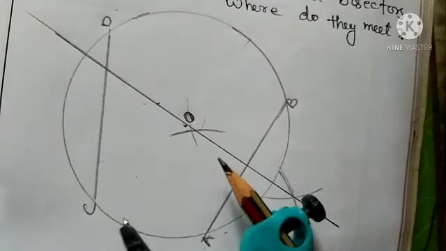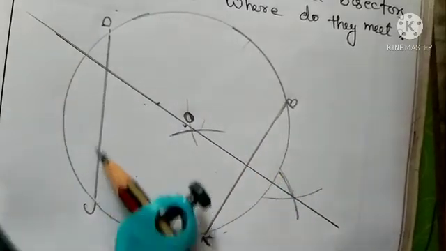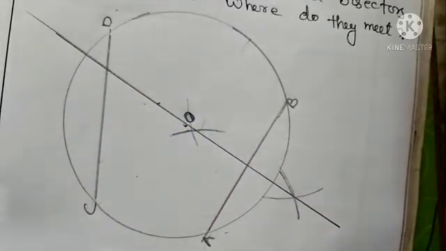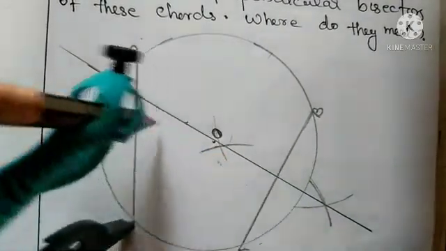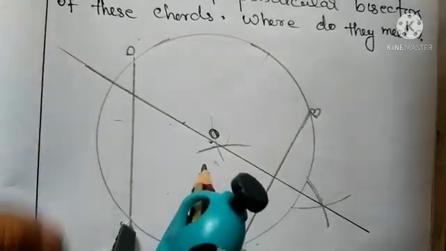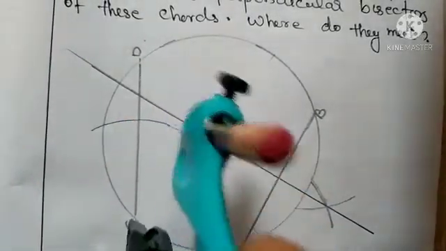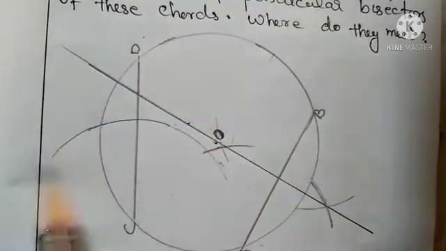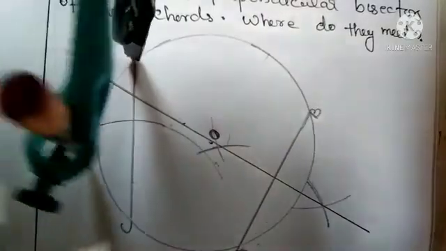First we draw perpendicular bisector to AB. Next we will draw bisector to CD. How we will draw bisector to CD? More than half of this chord we will take in compass and draw arc. From D also we will draw.